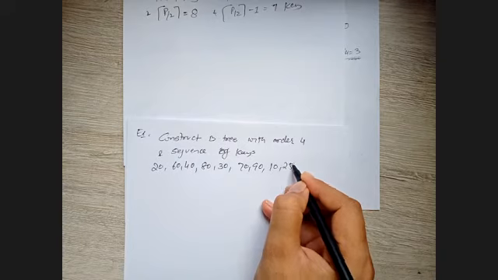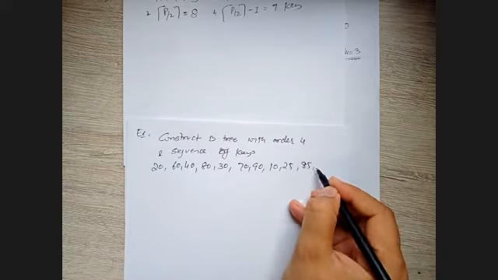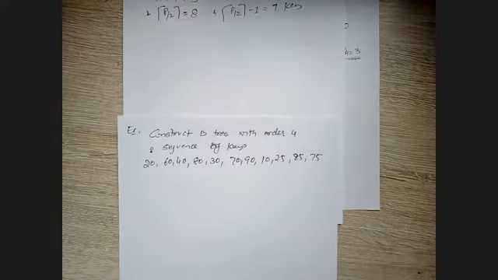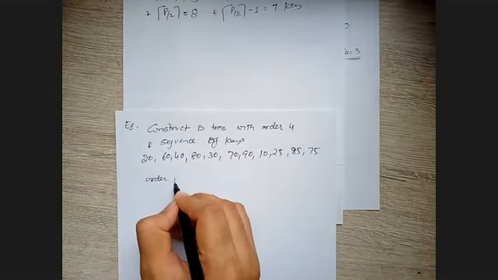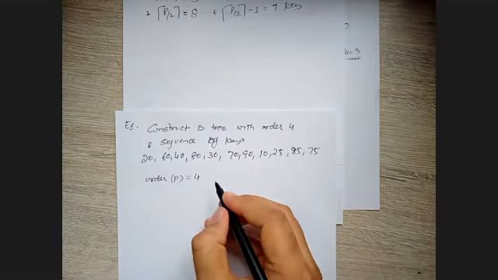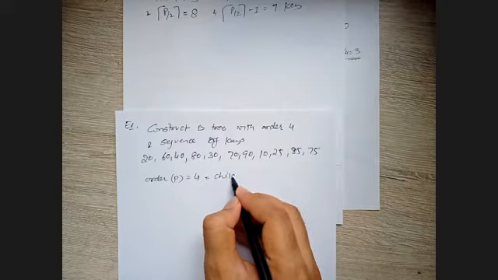These numbers can be out of order, unsorted. So now let's start. The order, that is the p value, equals 4. That is how many children you can have, 4 children.